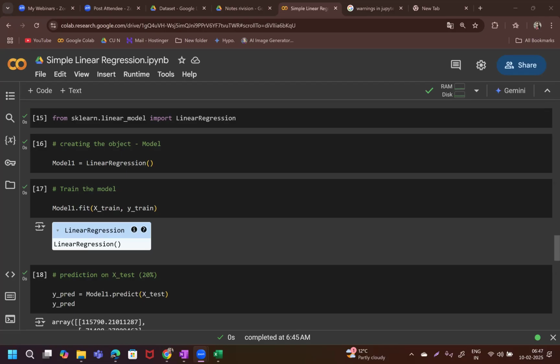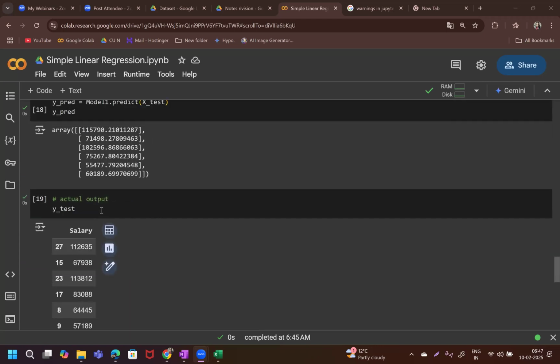So what we want is for ypred, the predicted output, and Y test to be as close as possible, so that you can have a high accuracy. If they are far apart from each other, you will have less accuracy. We got 90% accuracy because the values are not matching exactly. It is close, but it is not accurate, isn't it? The actual output was 112,000, but your model predicted 115,000. It's close, but it's not accurate.